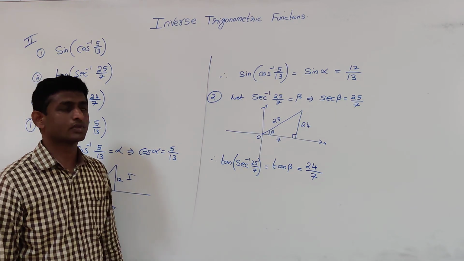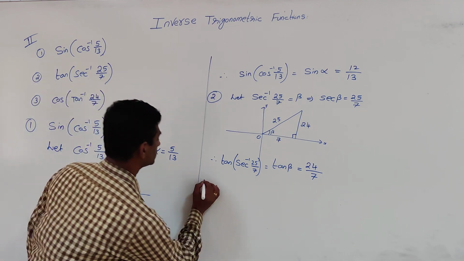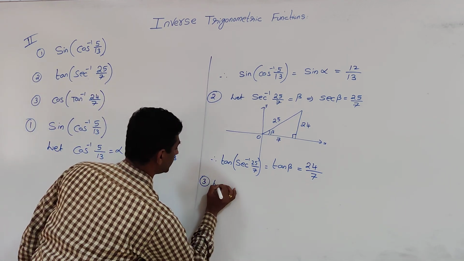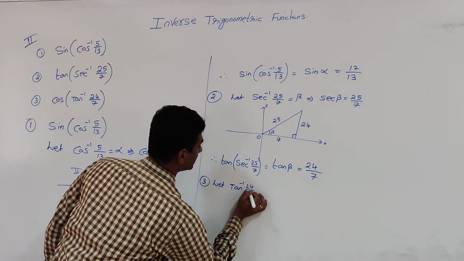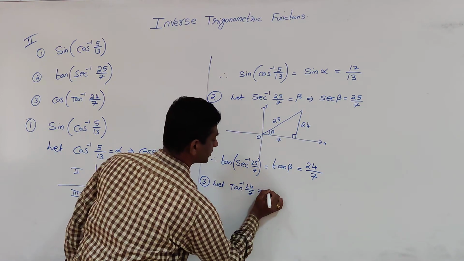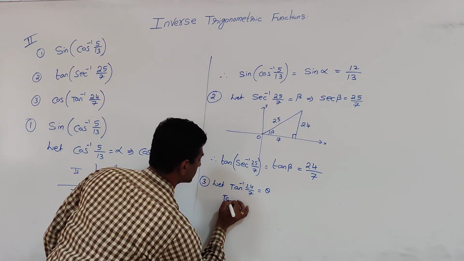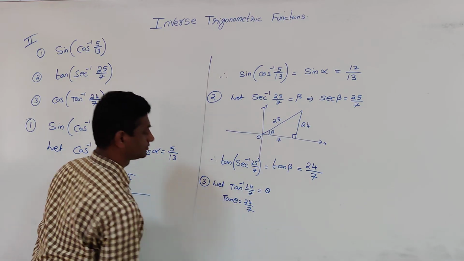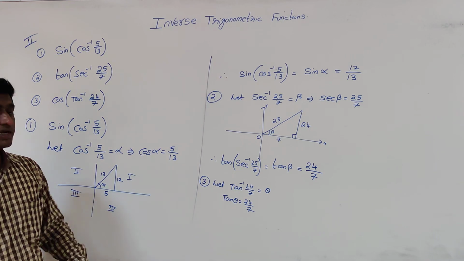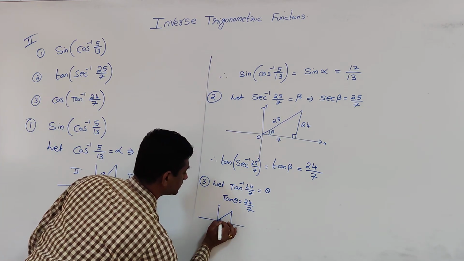Next, the third: cos of tan inverse of 24 by 7. Let tan inverse of 24 by 7 be some theta. So tan theta is equal to 24 by 7. So go for one right angle triangle with angle theta.